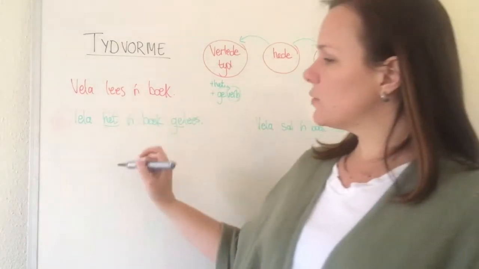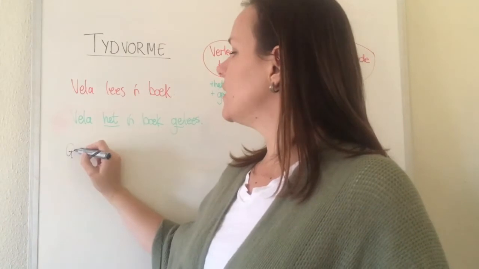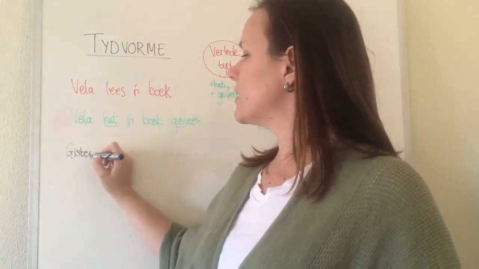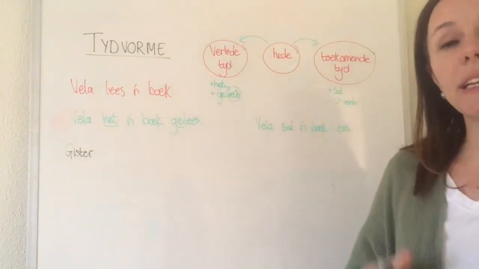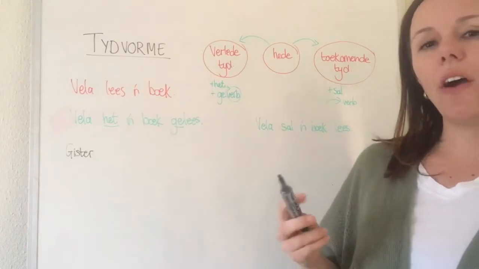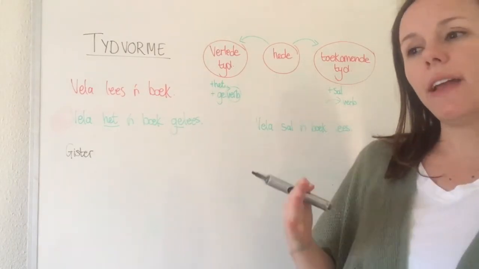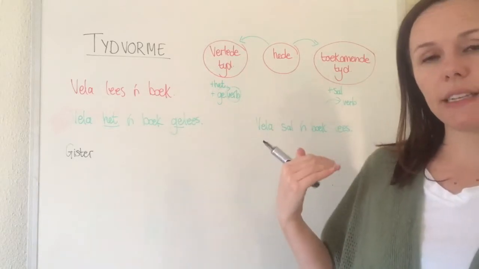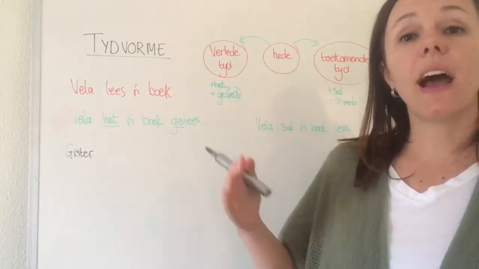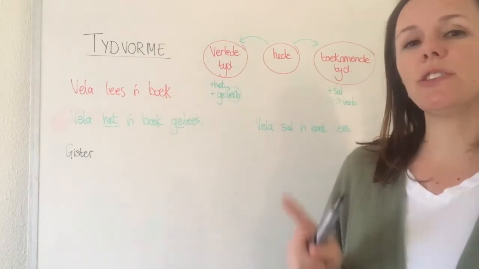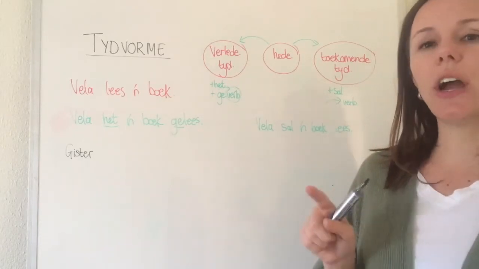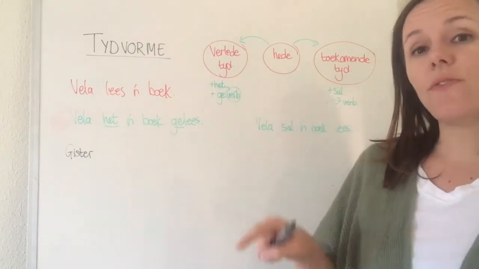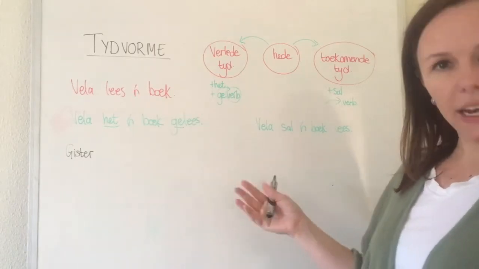Okay, so for example, if I tell you to start your sentence with gister. Gister means yesterday. So now I'm saying to you, Vela reads a book, and you have to put it in the past tense. Instead of saying Vela read a book, you're going to start with yesterday. So you're going to say, yesterday Vela read a book, but in Afrikaans.